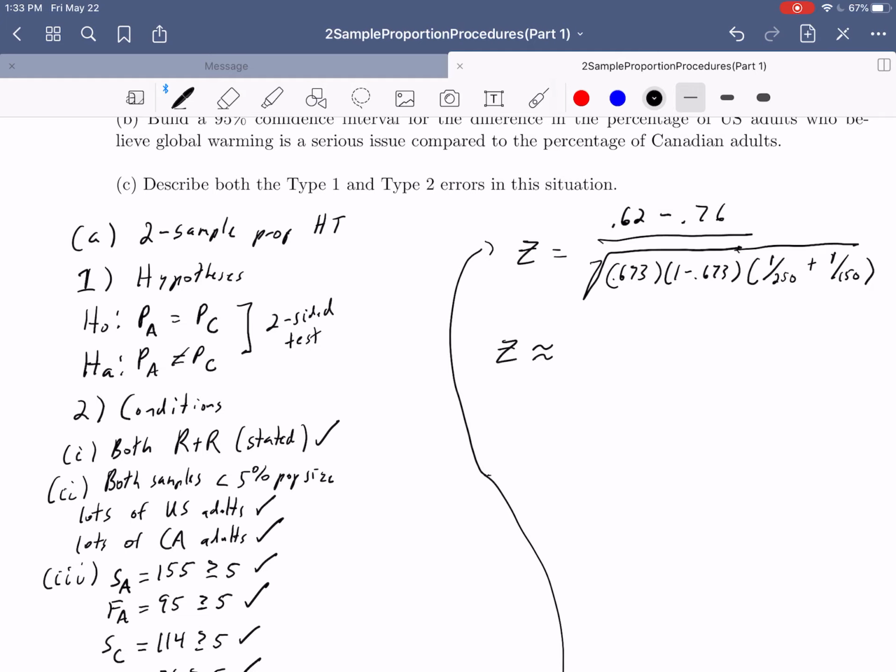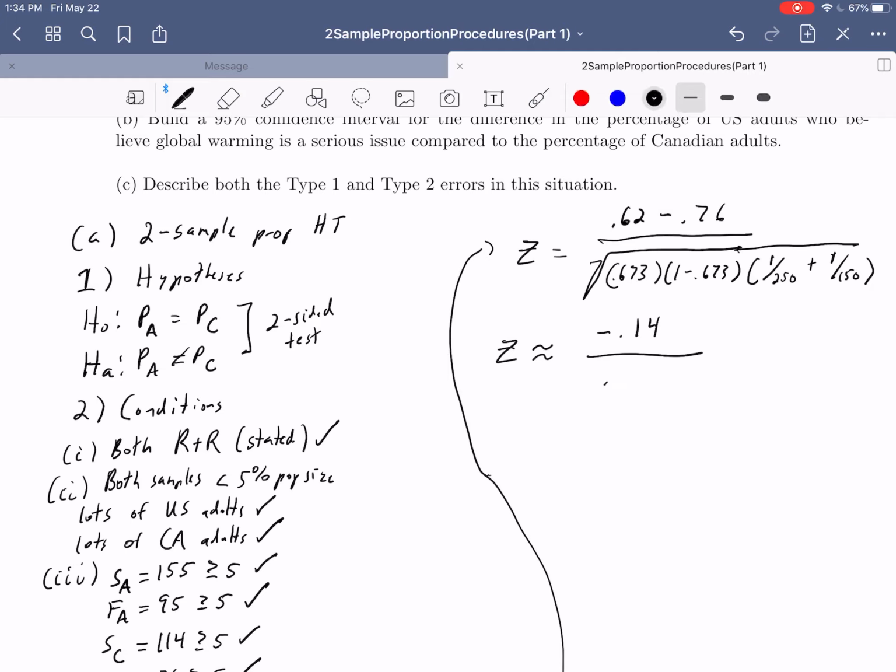So 0.62 minus 0.76, we'll get minus 0.14. And then in the denominator, if you go ahead and type this in with the parentheses that are written there, you can type it all in one line. So square root, parentheses, 0.673, times parentheses 1 minus 0.673, close the parentheses, times parentheses 1 divided by 250 plus 1 divided by 150, close up the parentheses, and hit enter.